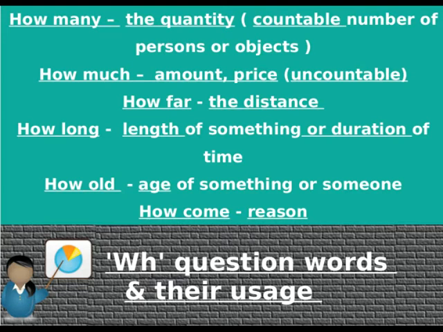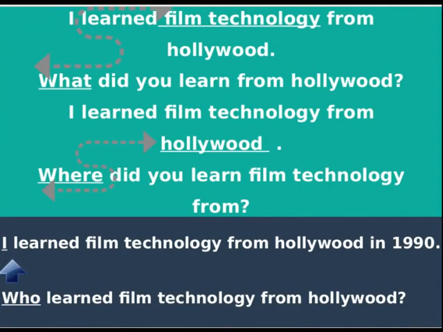Here in an example, the answer is film technology. Then the apt question word is what? In the next example, the answer focus is on Hollywood. From where? We never begin with a preposition. It's not the correct way. So the preposition from should be placed at the end.